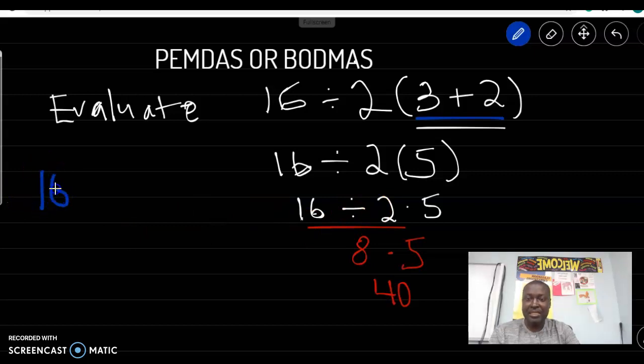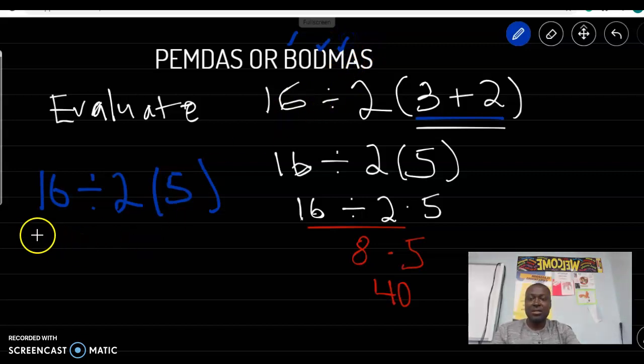So we write 16 divided by 2 times the bracket, and when we add 3 plus 2, we get 5. We are done with this. Then the power, there is no power. Then there is division, and then we move on to multiplication.